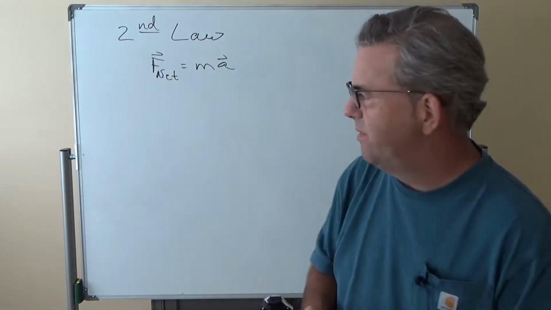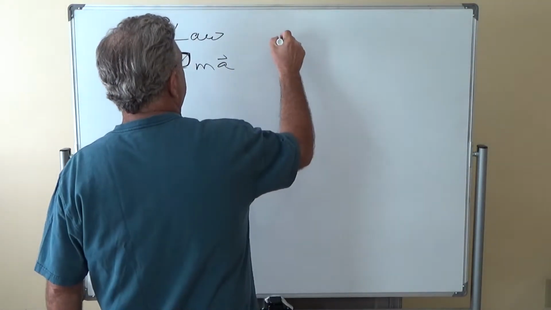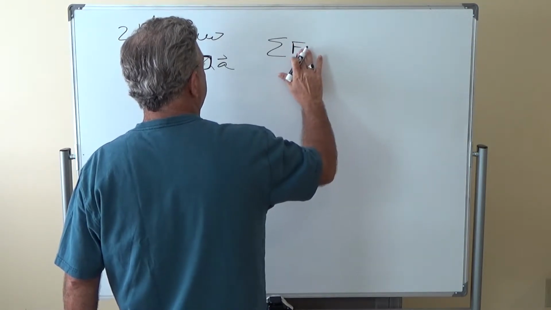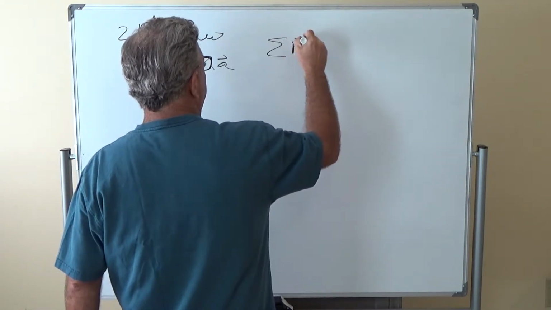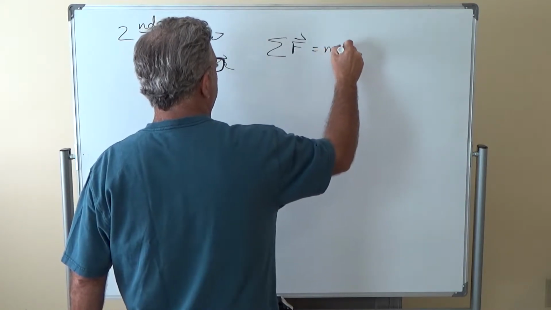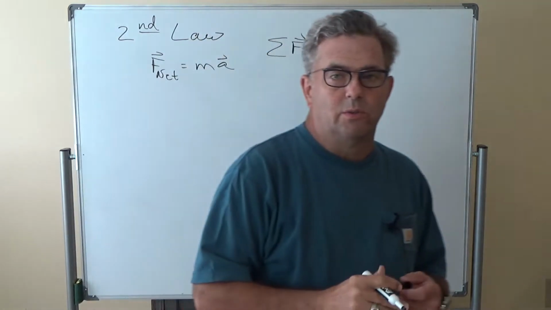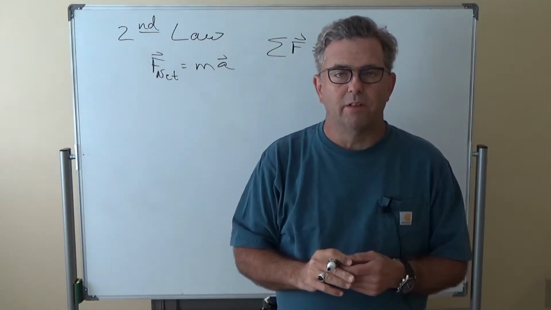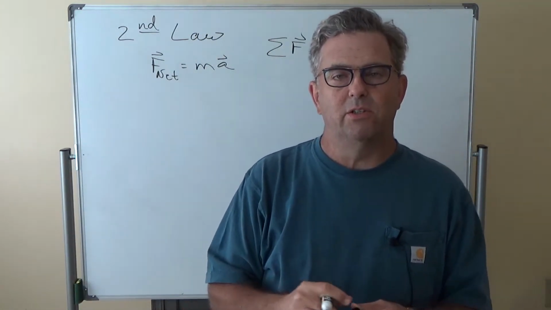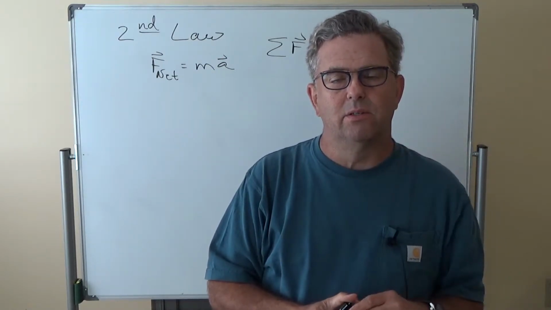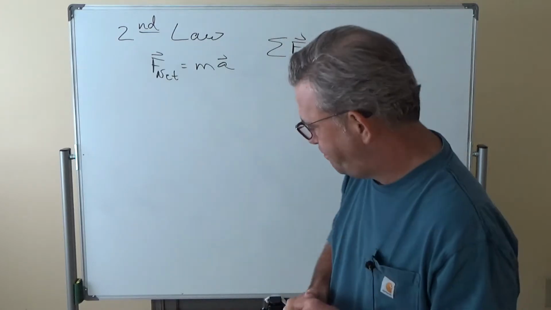Another way to write this is the sum of the forces acting on an object, the vector sum, is equal to ma. And the way we'll do this is we'll set up a coordinate system. We'll look at the forces acting in the x direction, the forces acting in the y direction, and we'll analyze both directions separately.